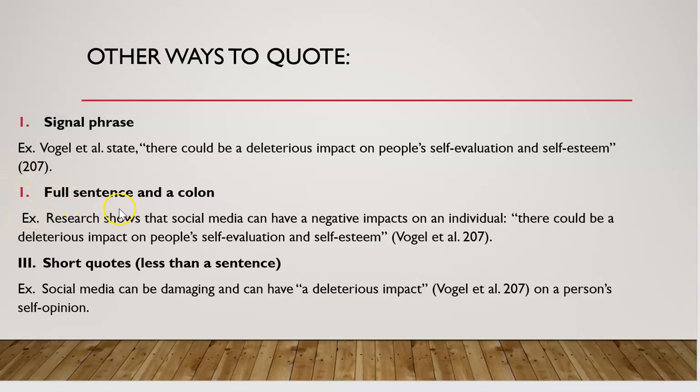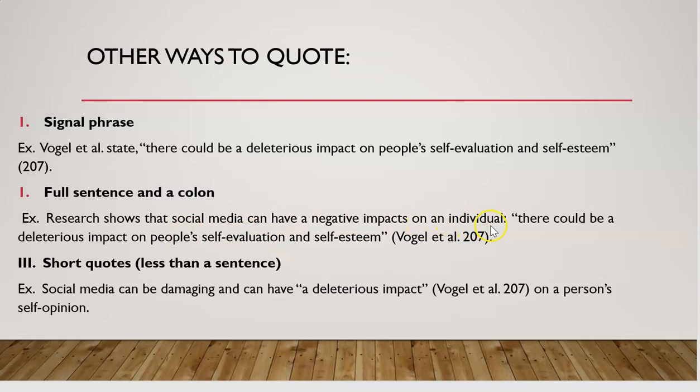The second way is just to include a full sentence and then a colon and then the quote. So if your quote is a sentence or longer, it could be integrated in this way. If you have a full sentence and then you want to add the quote, you can't really use a comma here because that would make it into a comma splice.